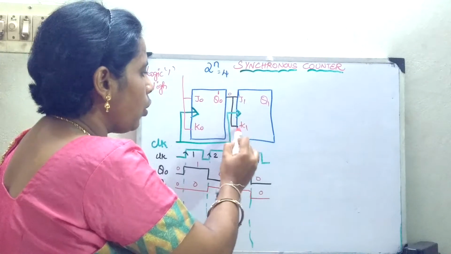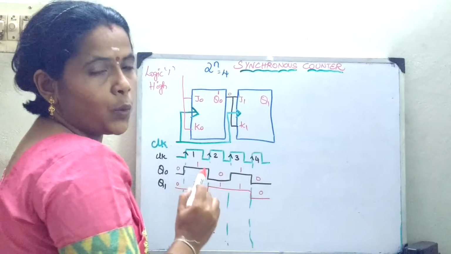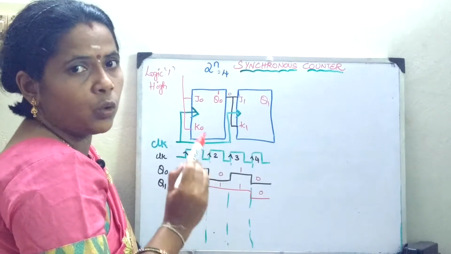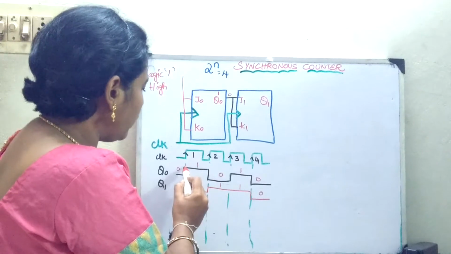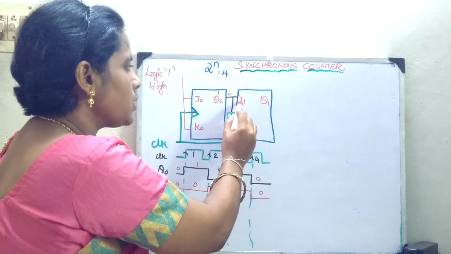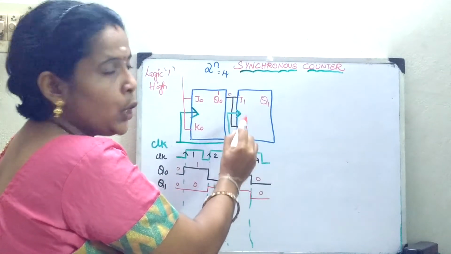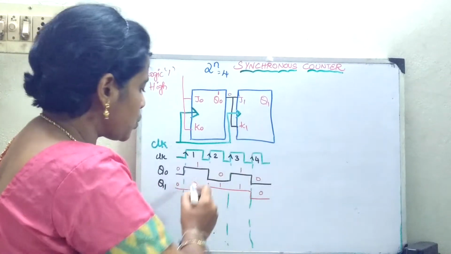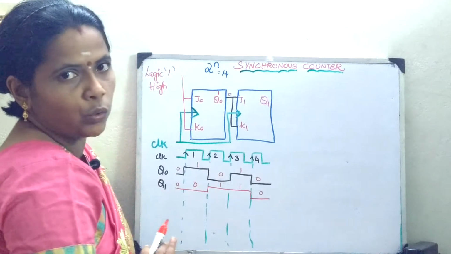When this 0 goes to the JK flip-flop, 0, 0 is a no change condition. So when the first flip-flop changes to 1, the 0 comes as input here, so this flip-flop will not act and remains in the 0 state.